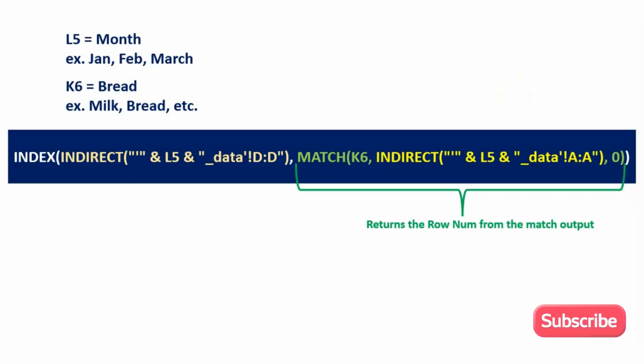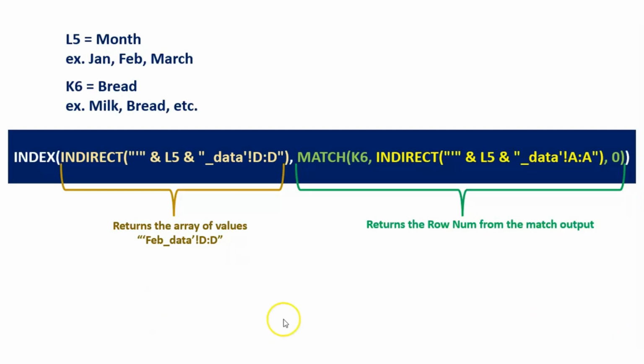Now moving towards the first argument of the INDEX function, which is again calculated using the INDIRECT function. As discussed earlier, INDIRECT needs a reference text and converts it into a real range reference. In our case, the reference text is this one, and INDIRECT would return an array of values present in column D of the feb_data worksheet.